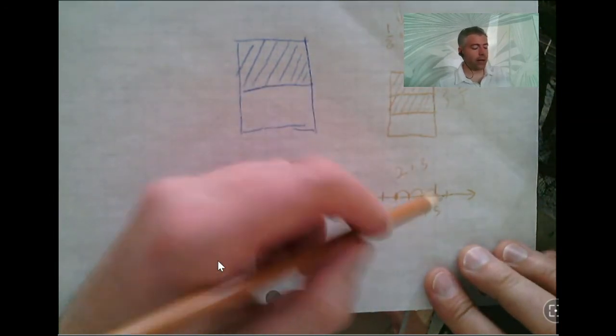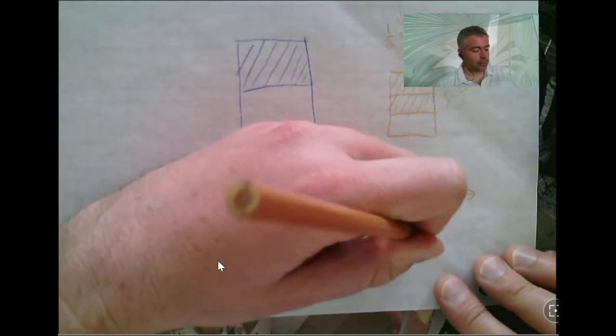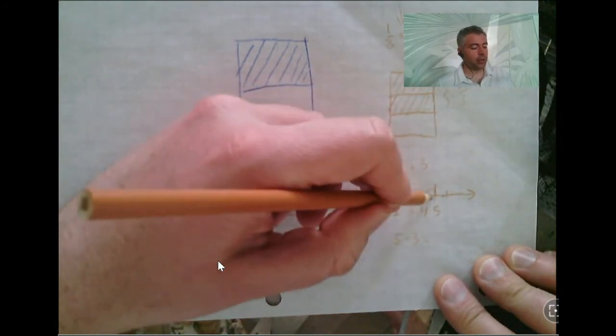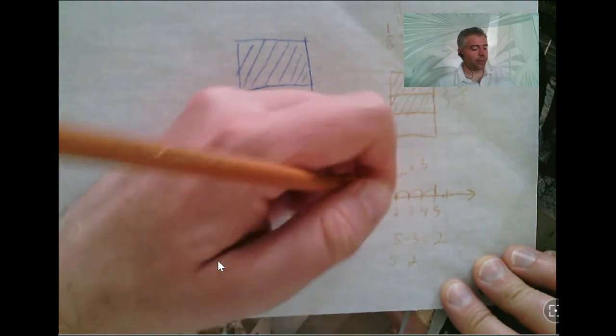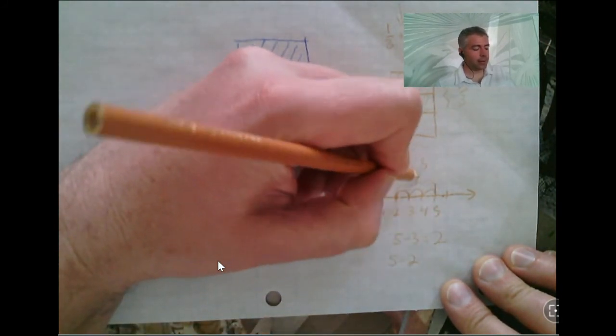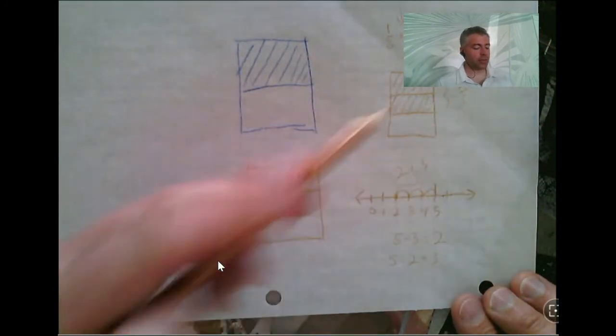So like 5 take away 3 is going to get me to 2, or we could say 5 take away 2, the distance between those two is 3. So we create all kinds of concepts of numbers.